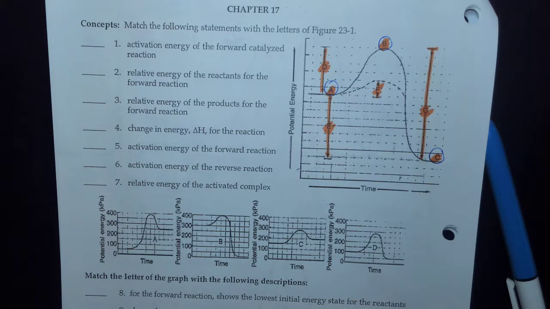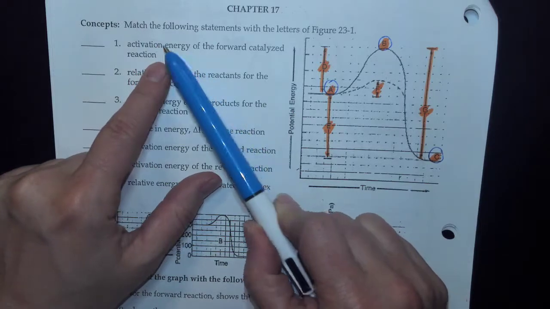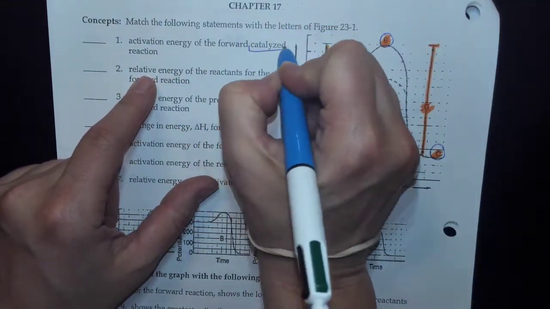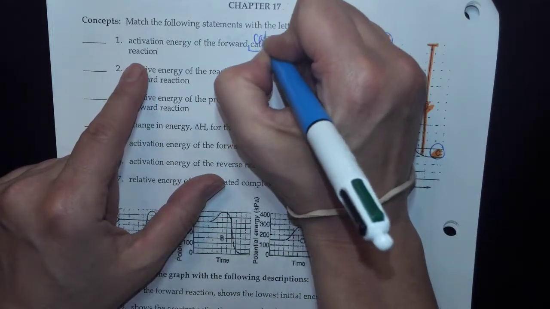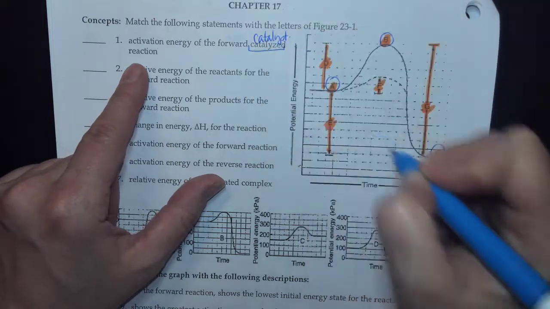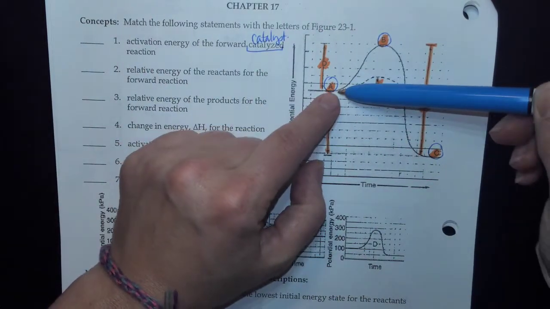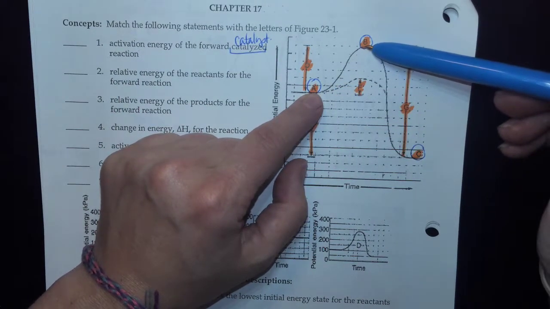Alright, let's look. Number 1. I need the activation energy of the forward catalyzed reaction. So keyword, catalyzed. A catalyst reduces activation energy. Activation energy is the difference between the energy of my reactants and the energy at the peak of the reaction. So I have 2 choices.